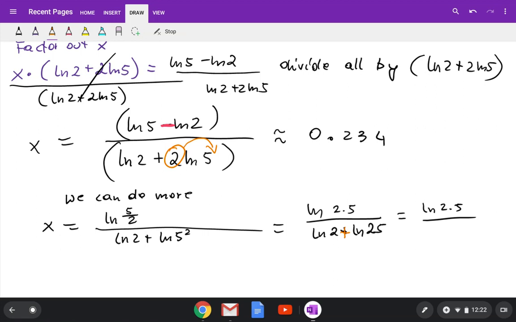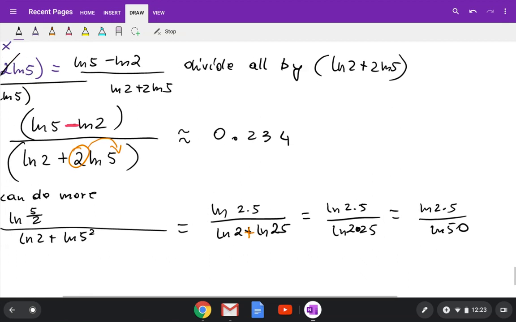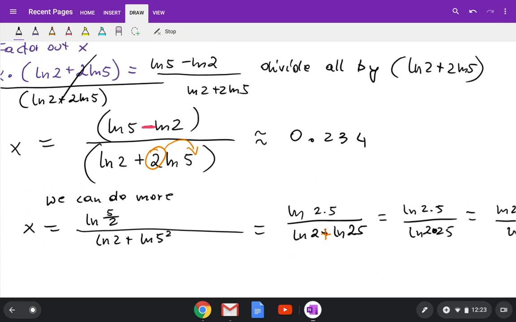So we can rewrite this as ln of 2 times 25. Again, this is 2 times 25. So ln of 2.5 over ln of 50. For me, that will be easier to plug in a calculator. But if you get here, you should be able to get that solution.